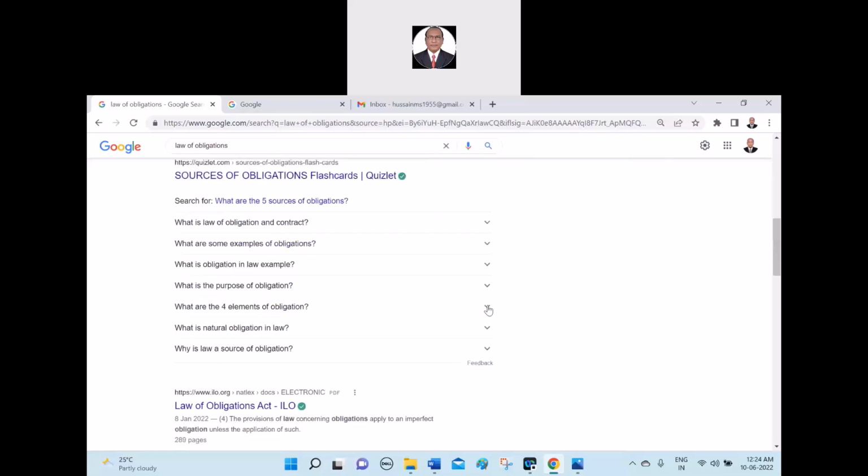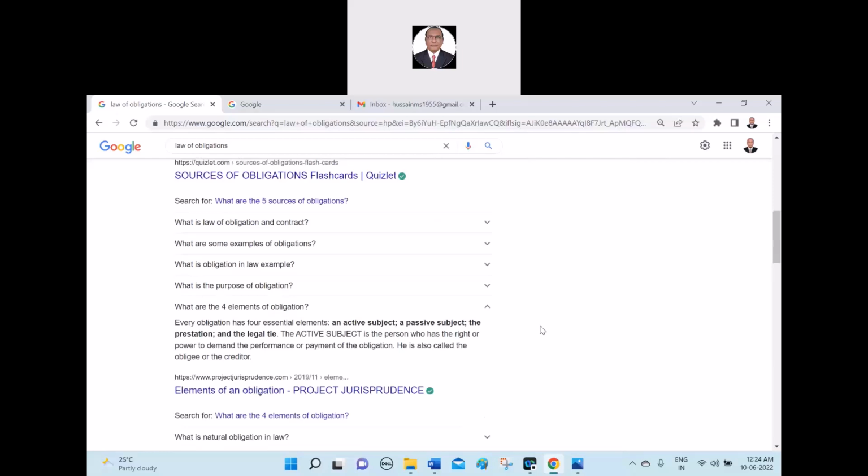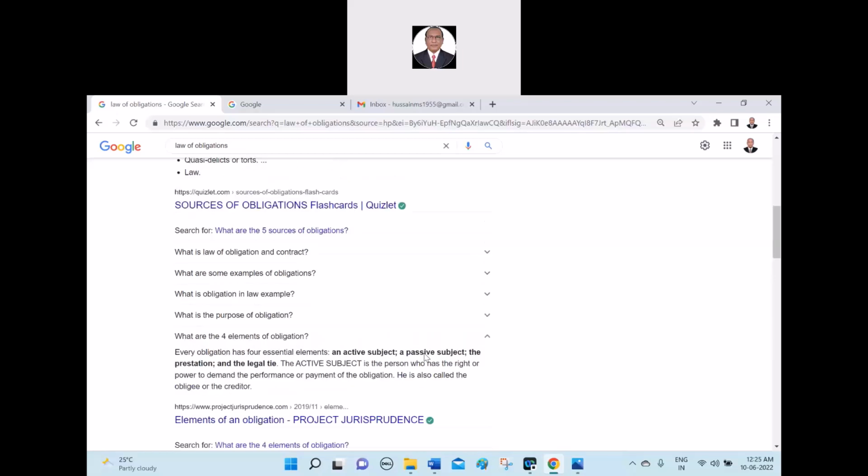Every obligation has four elements: an active subject, a passive subject, and a prestation under the rule. These are the elements of the obligation.